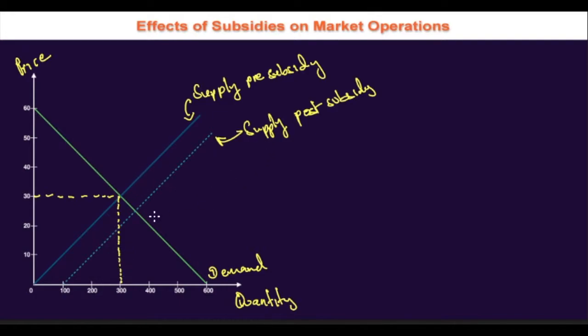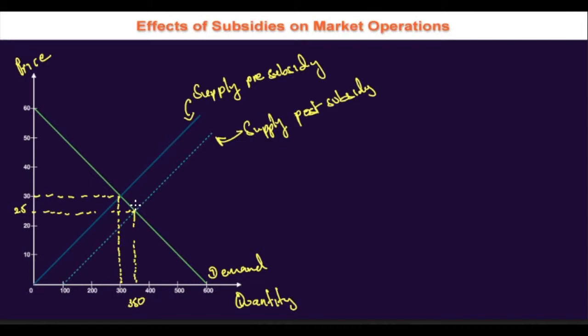And post subsidy, the price was 25. This is the new equilibrium at 25, and the quantity demanded has increased now to 350 because the consumers pay only 25 rupees rather than 30 rupees. So actually the demand has increased.